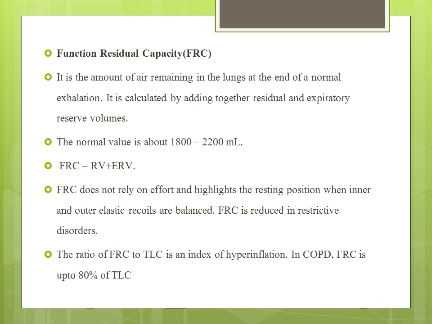The normal value for FRC is 1800 to 2200 ml. The formula for FRC is RV plus ERV. Functional residual capacity does not rely on effort and highlights the resting position when inner and outer elastic recoils are balanced.